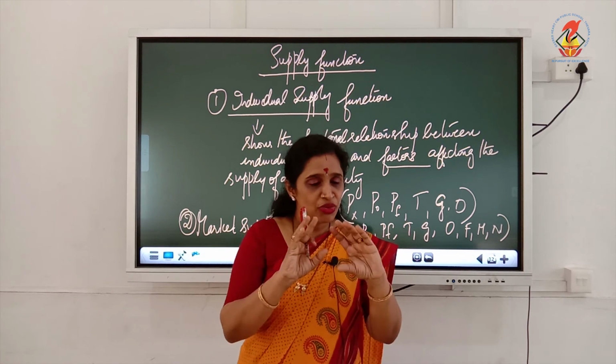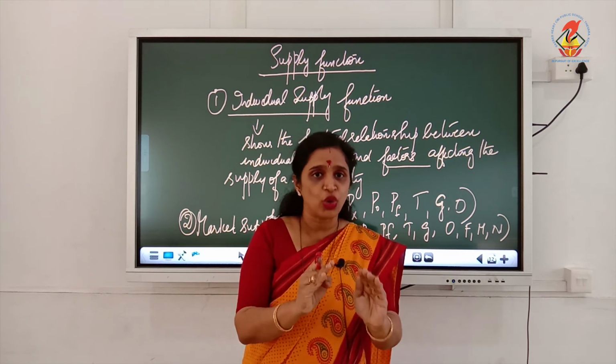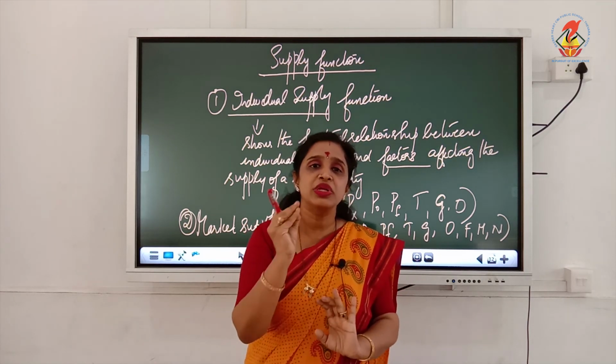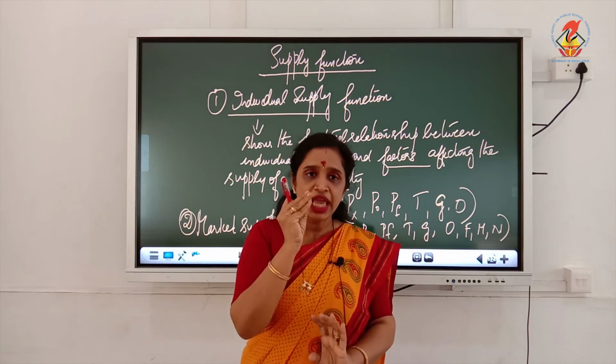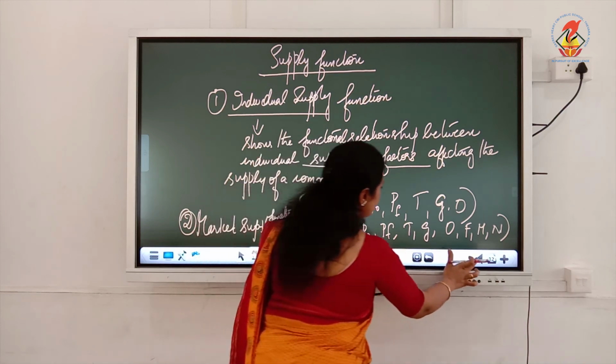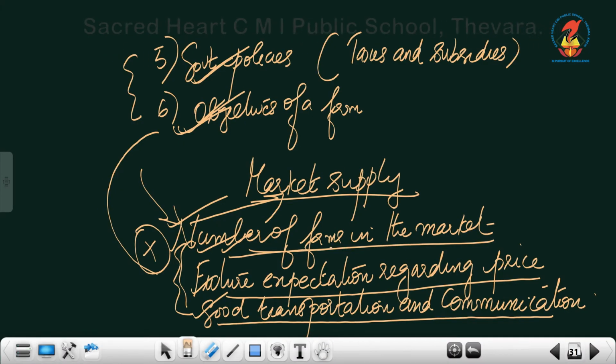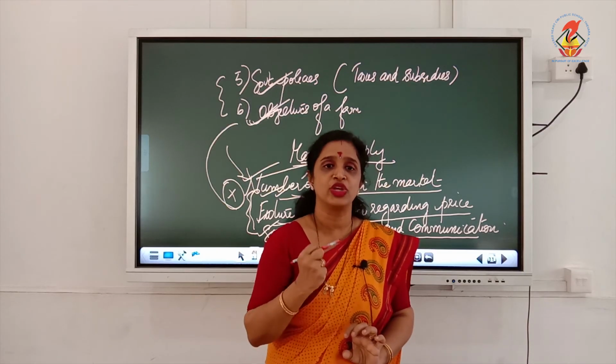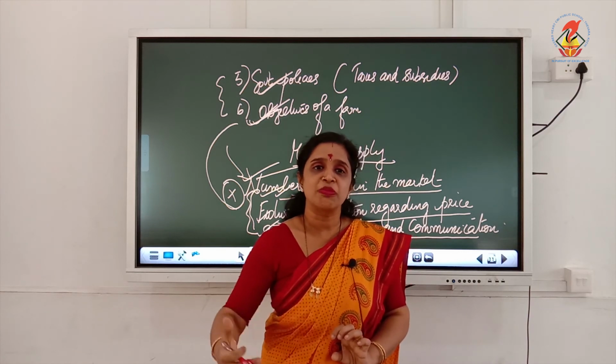If you represent that in the form of an equation, it becomes the individual supply function. Along with these, if you add the other 3, which are number of firms, future expectation and good transportation, and represent it in the form of an equation, it becomes the market supply function.